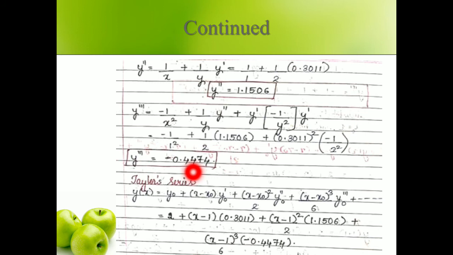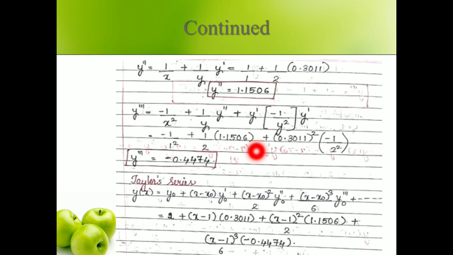Taylor series, again substituting the values. Taylor series is y of x equal to y naught plus x minus x naught into y naught dash plus x minus x naught the whole square divided by 2 factorial into y double dash naught plus x minus x naught the whole cube divided by 3 factorial into y naught triple dash, and so on. Substituting the values, we get y naught value is 2, x naught value is 1.